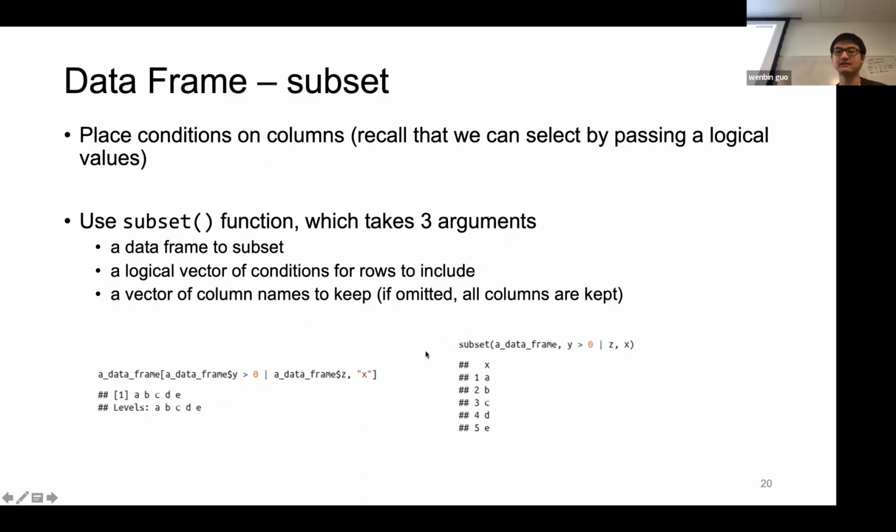Then if you put a single variable as the column, it will extract that particular variable, and because we only select one column, it returns a vector. This is why you see a vector in the end.